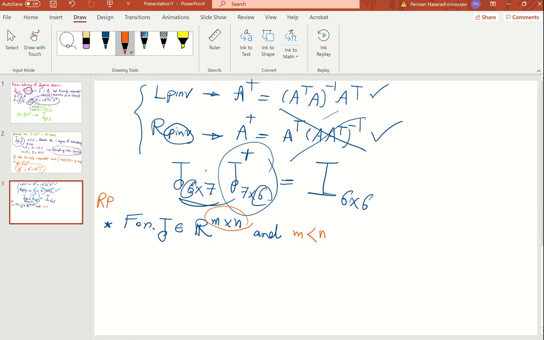So this is for redundant robots. I'm talking about redundant robots.